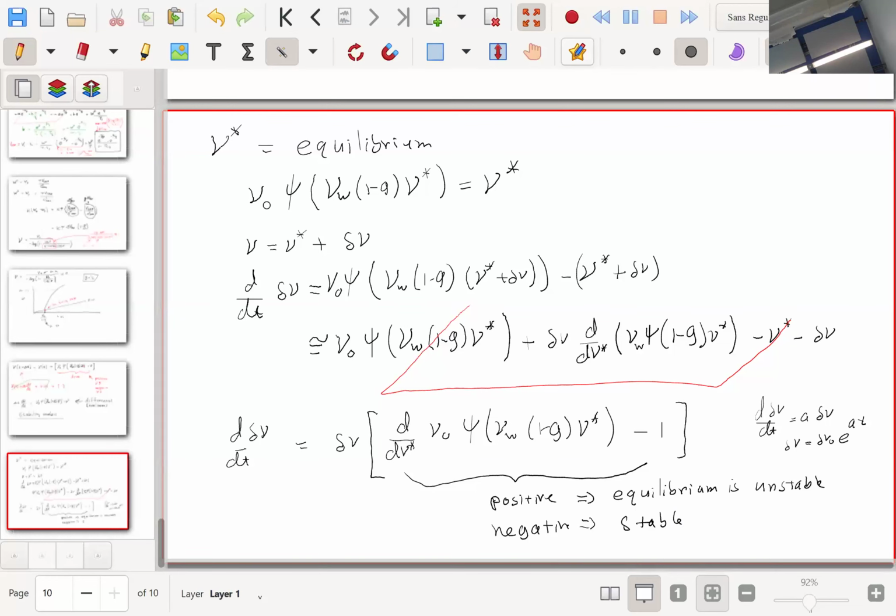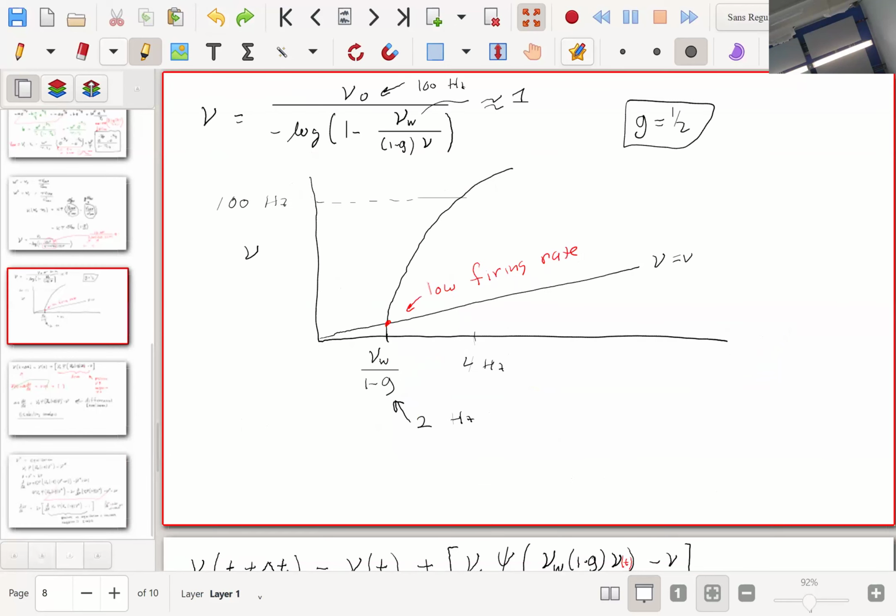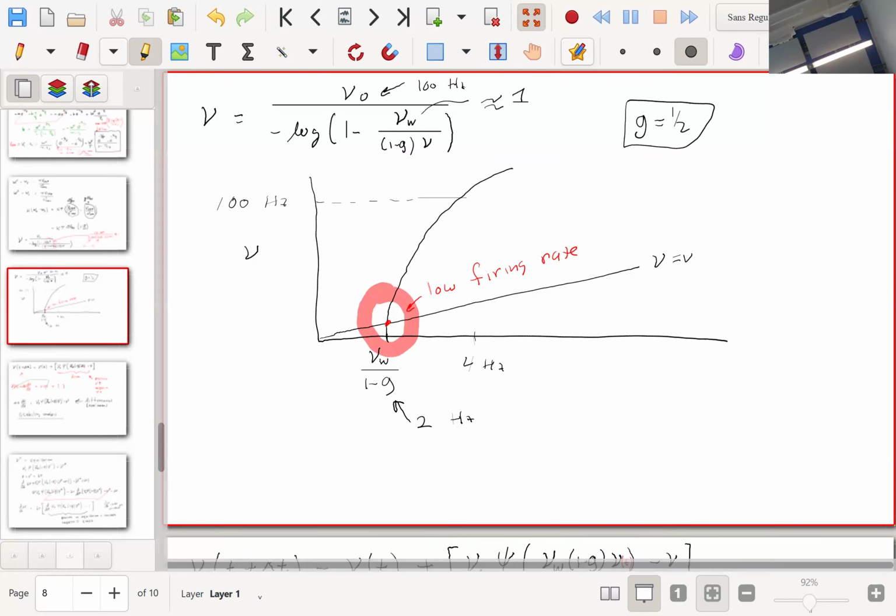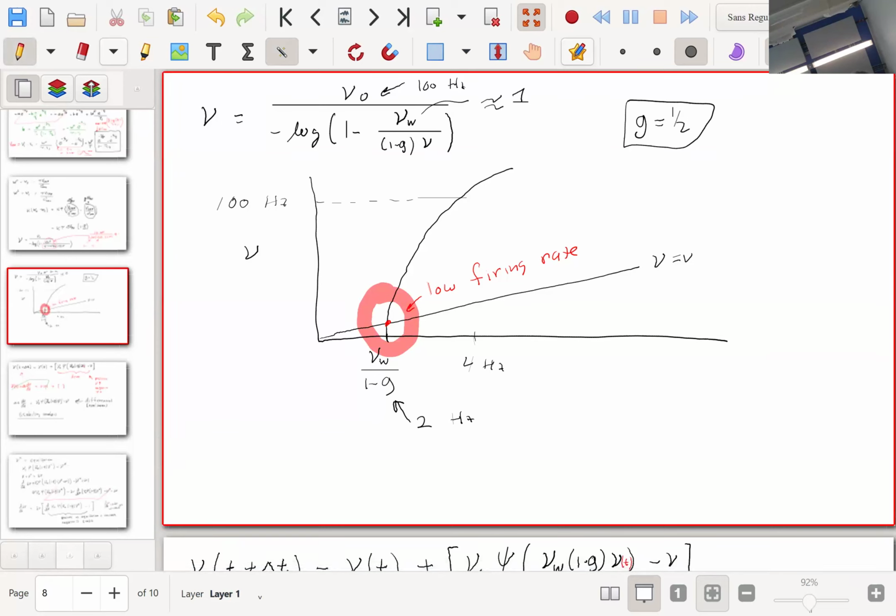Okay? And whether or not it's positive depends on whether this quantity is larger or smaller than 1. That quantity has a nice interpretation: it's how rapidly our gain function changes as we change nu star. And we only have to look back here to see that the slope is greater than 1.